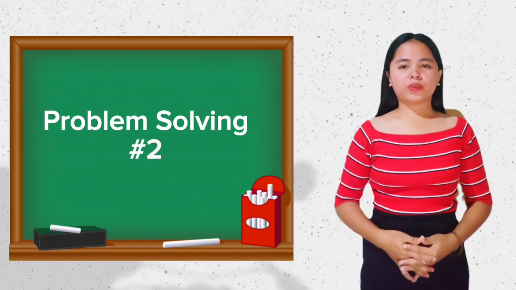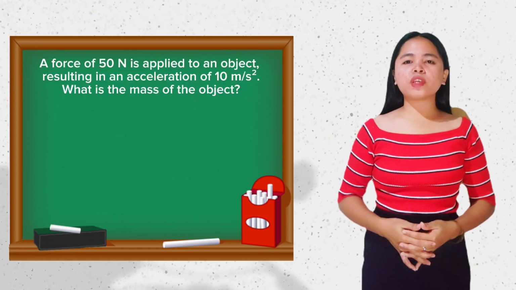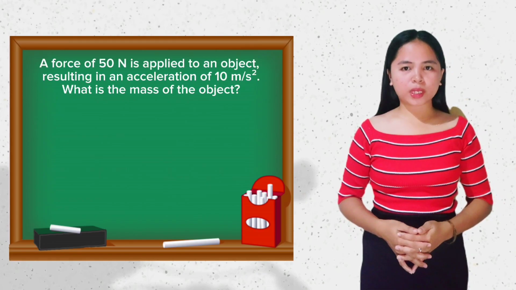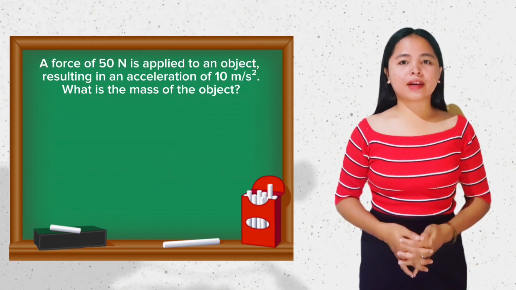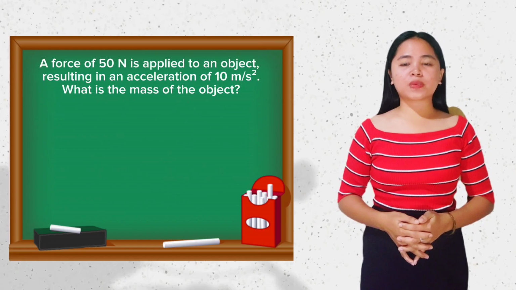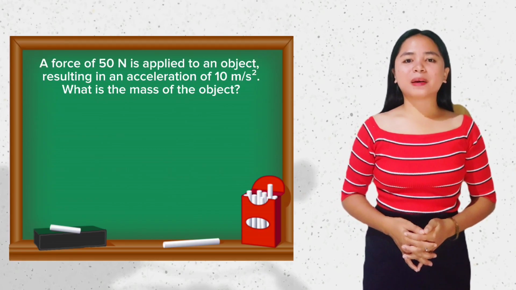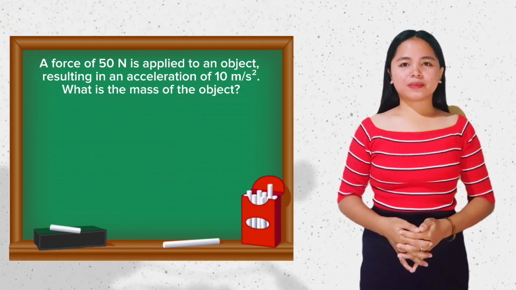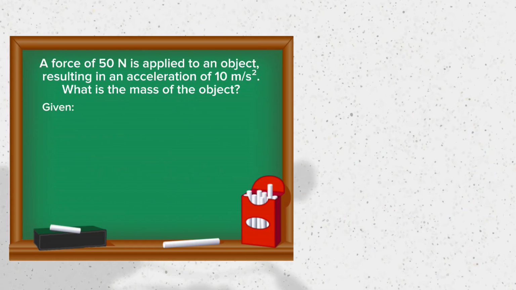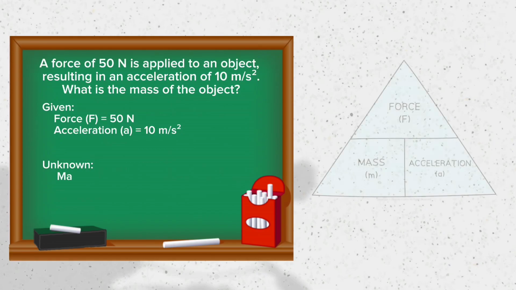Problem number 2. A force of 50 newtons is applied to an object, resulting in an acceleration of 10 meters per second squared. What is the mass of the object? The given in this problem are 50 newtons, which is the force, and 10 meters per second squared, which is the acceleration. The unknown is the mass.